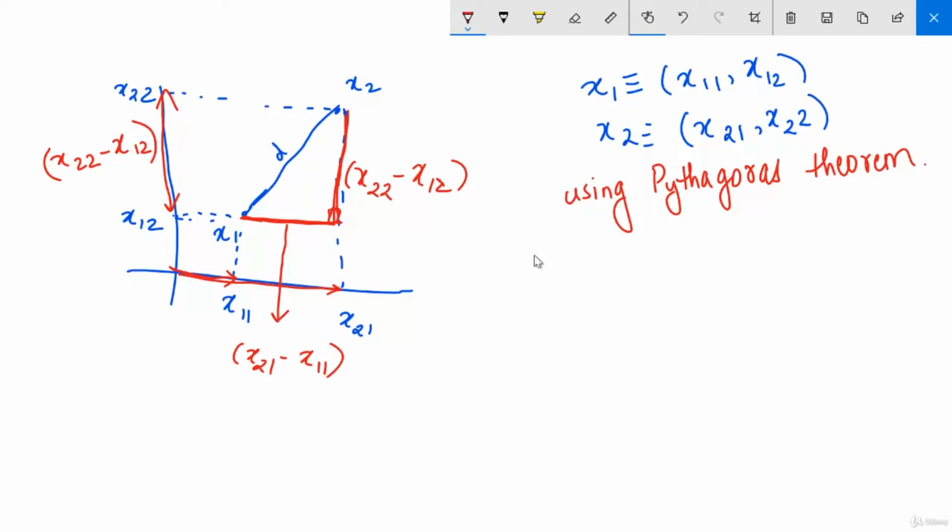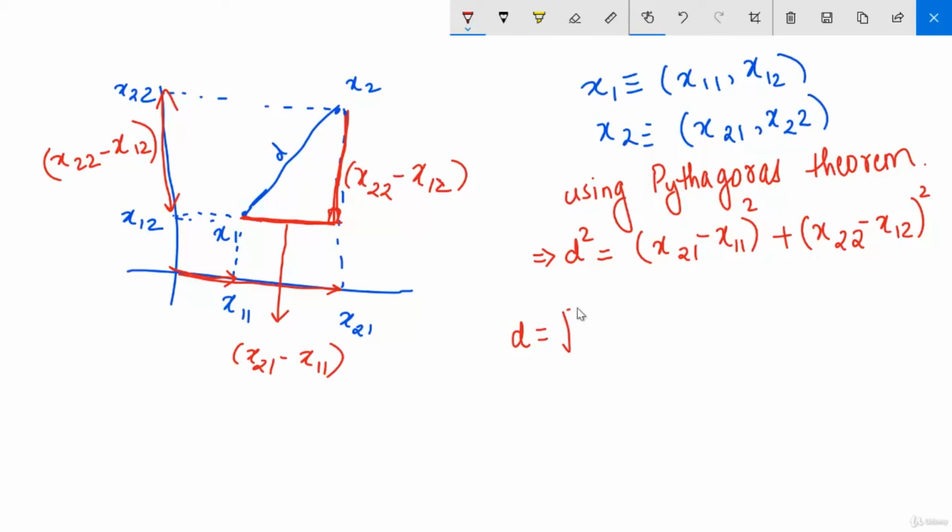d square equals x21 minus x11 whole square plus x22 minus x12 whole square. This is how we can find the distance d, and if I want to shorten this up to d, so we can say d equals under root of, I hope you know this, right?